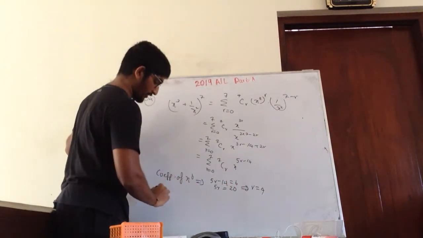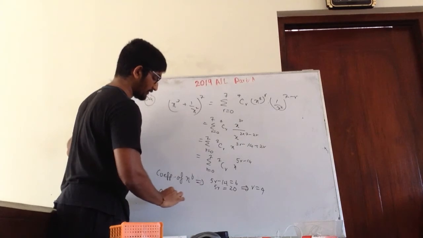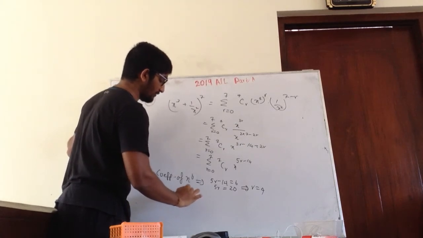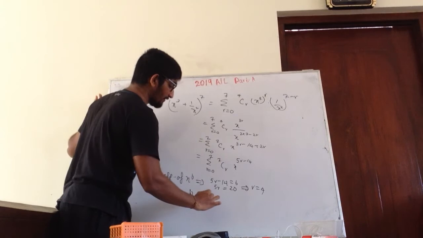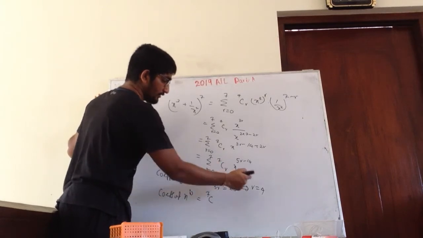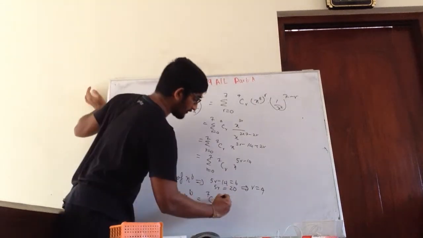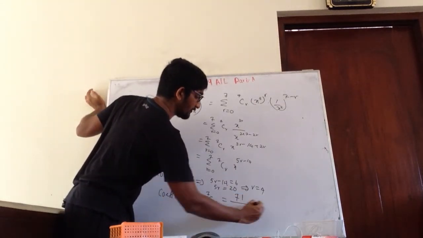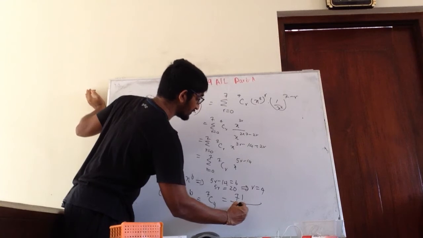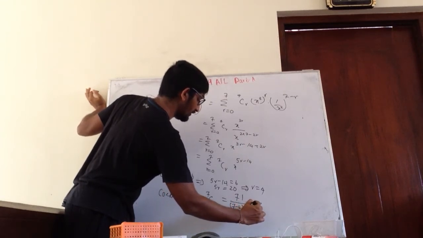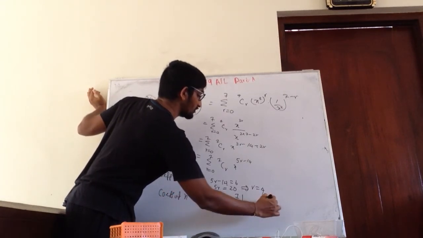Right. So now again the coefficient of x6 will be 7c4. So here you can get 7 factorial over 7 minus 4 factorial, then 4 factorial.